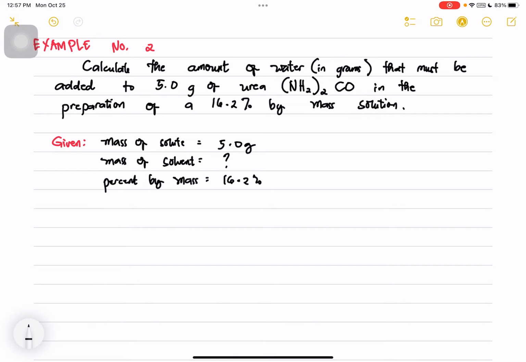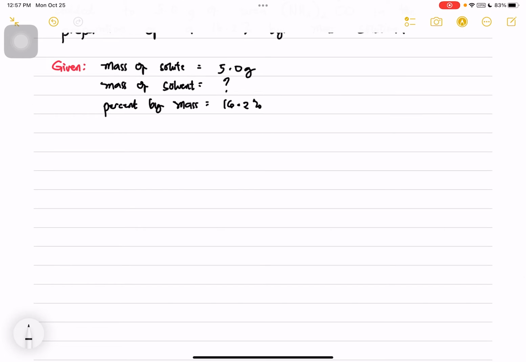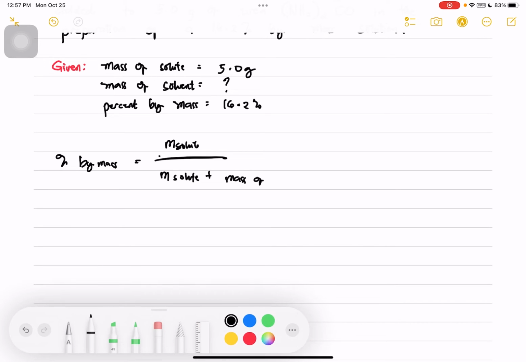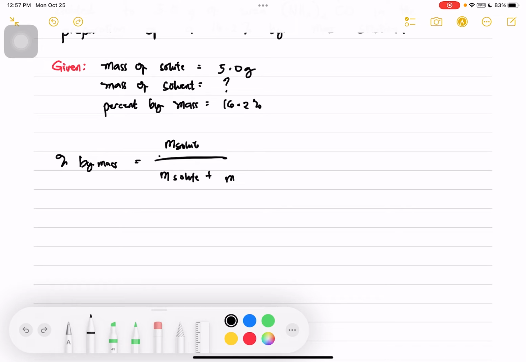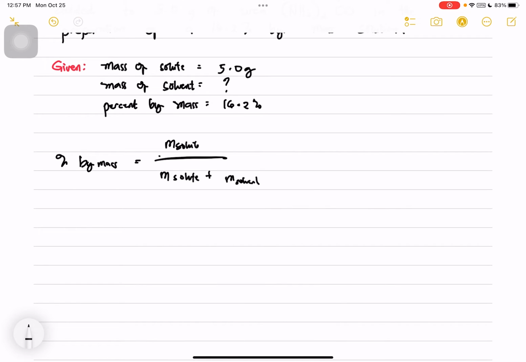So how are we going to solve this one? Let's write first our formula. Percent by mass is equal to mass of solute divided by mass of the solute plus mass of solvent, times 100%.